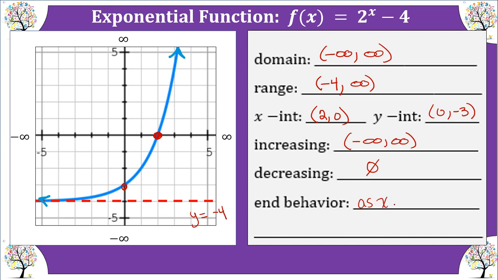As the x values become negative, the output values get closer and closer to -4. So that's a little different, so take note of that. As the graph extends to the left, my output is going toward -4.